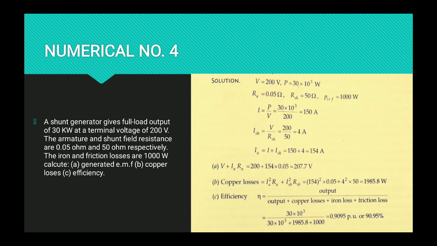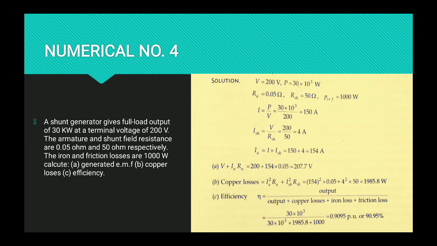And now the efficiency. So efficiency means output by input, or you can say input equals to output plus total losses. So we can see here mainly three losses. One is copper loss, and one is iron loss and frictional loss. So we know that iron loss plus frictional loss equals to 1000 watt, and output is 30 kilowatt. So the output is 30 into 10 to the power 3 watt, and input means output plus total losses.